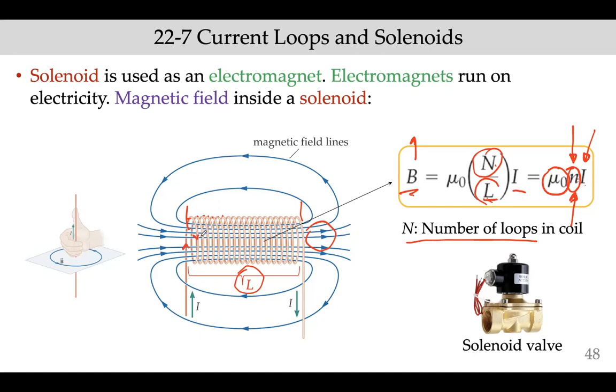You can wrap the wire in a way that your thumb points in the same direction as the current, and the curling direction of your fingers shows you the direction of the magnetic field. For example, here the current is in this direction, so inside the magnetic field is this way to the right, and outside it's to the left.